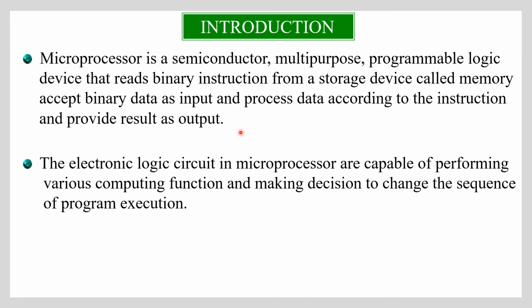So we provide the raw data, the binary data, that is zeros and ones. According to the instruction, it will do the procedure and it will give us the result.